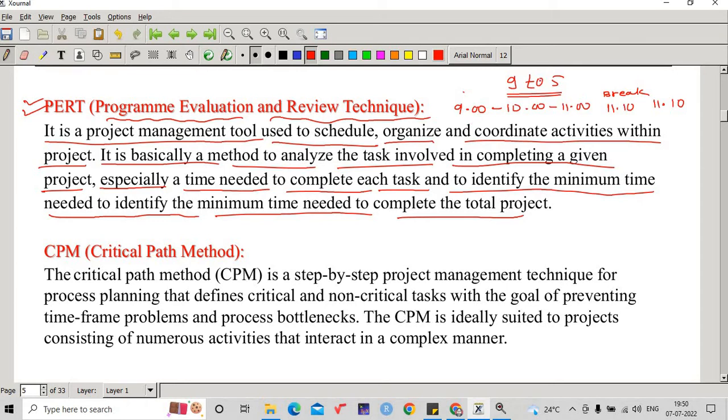But anyhow, as our timing is from 9 to 5, at 5 o'clock I have to finish strictly.